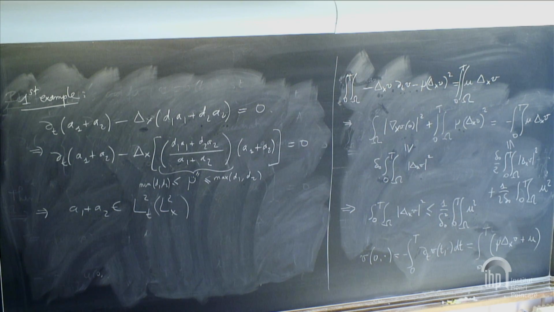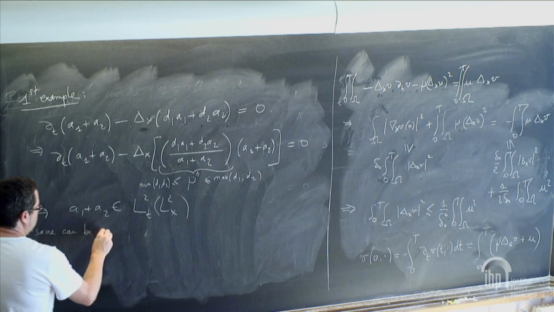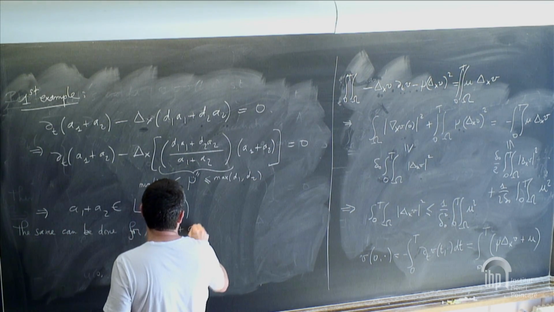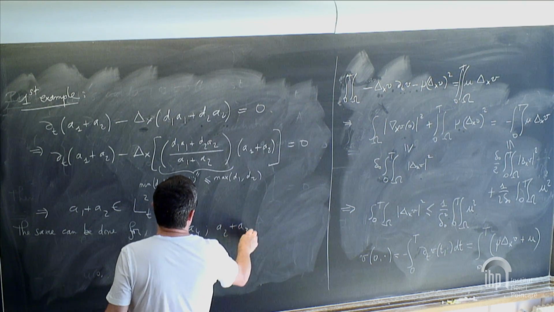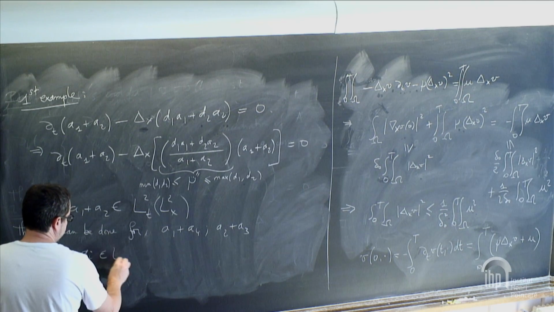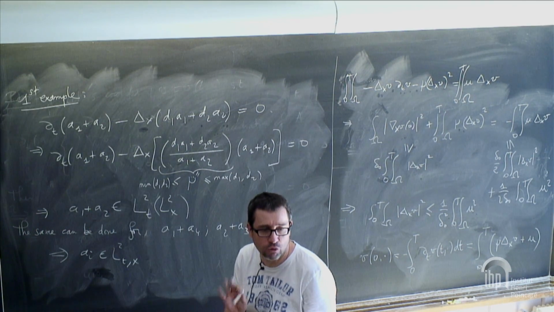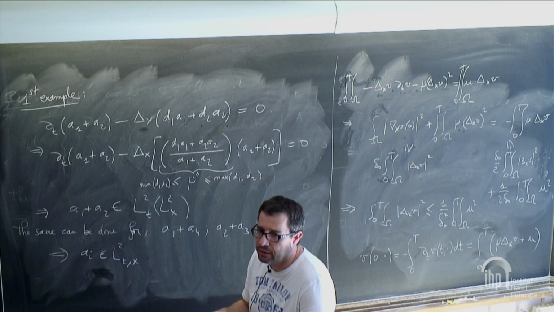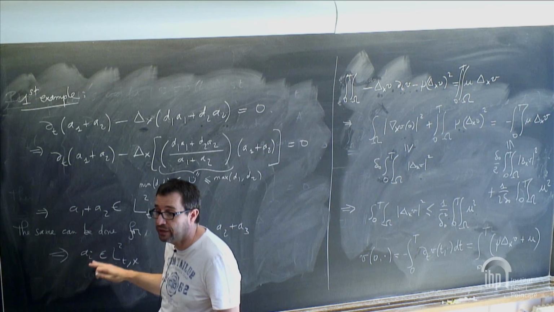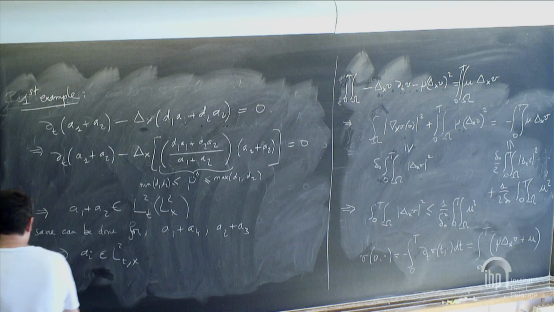And of course, you can do the same for A1 plus A4 and A2 plus A3, so that at the end, you get that AI is living in L2 of T and X. And this is exactly what you need in order to define a weak solution of the reaction diffusion system, because you have quadratic terms in AI in the right-hand side. And of course, for the second example, it works exactly the same.